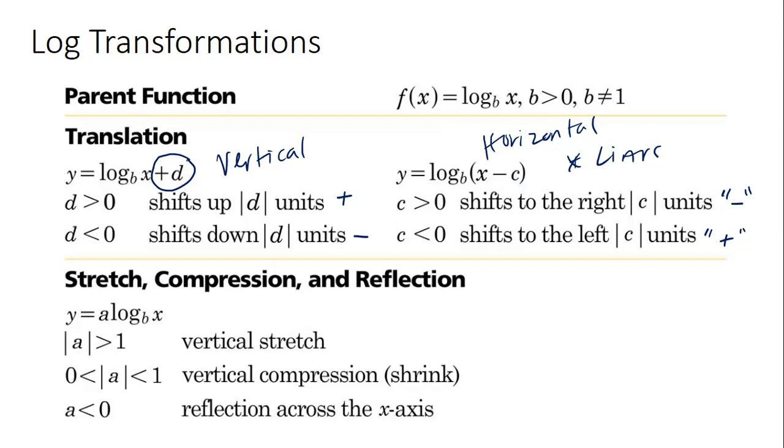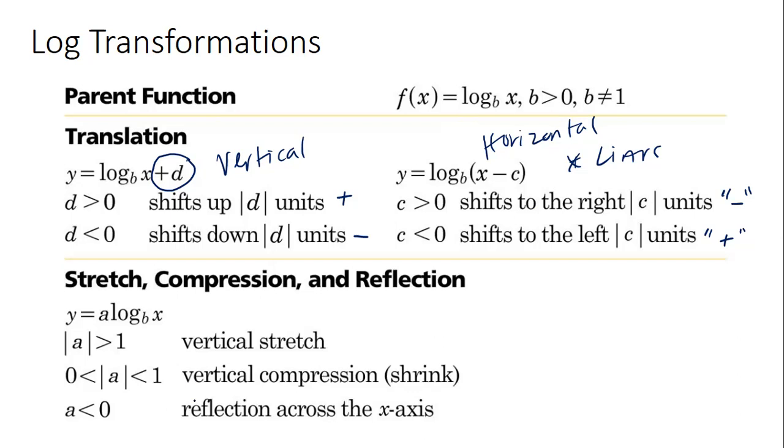Yeah? Okay. All right, next is our A, our stretch, compress, or reflection. Okay, focusing on A, not whether it's negative, but just focusing on A. If A is greater than 1, you have a vertical stretch. If the absolute value of A is between 0 and 1, then you have a vertical compression. When it's point something, like 0.5, 1/3, 1/4, that would be a compression.